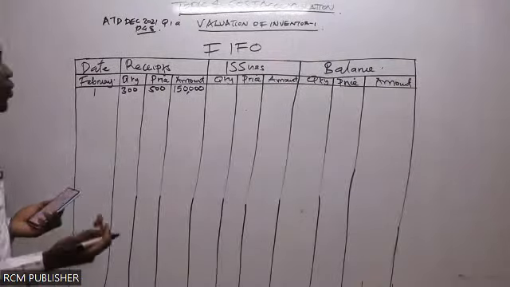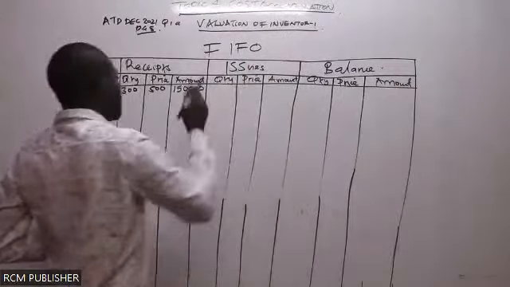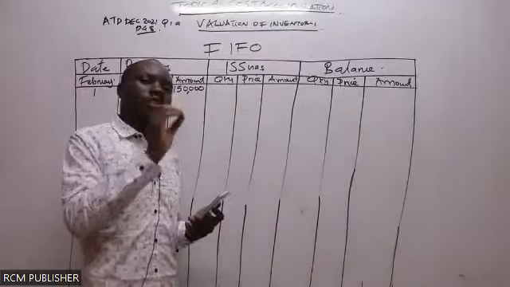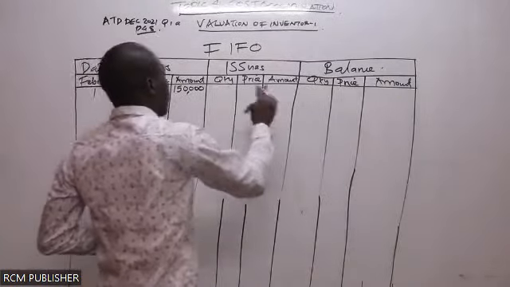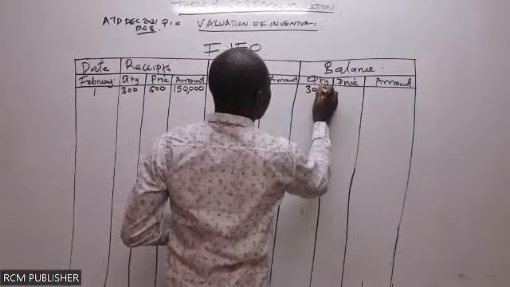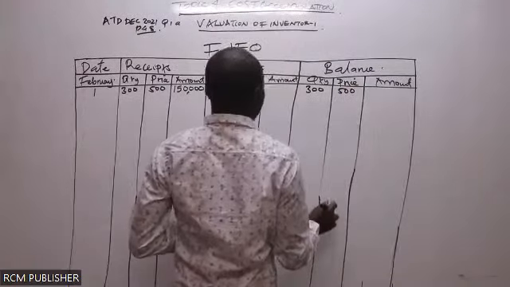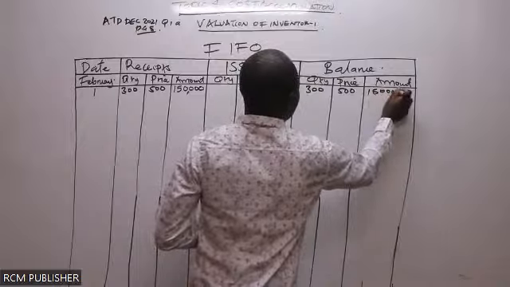This opening stock, we need to transfer it. Even if there is issuing or receipt of goods on the 1st of February, first of all, deal with them one by one. So we complete the transaction of the opening stock, which will remain 300 units at 500.